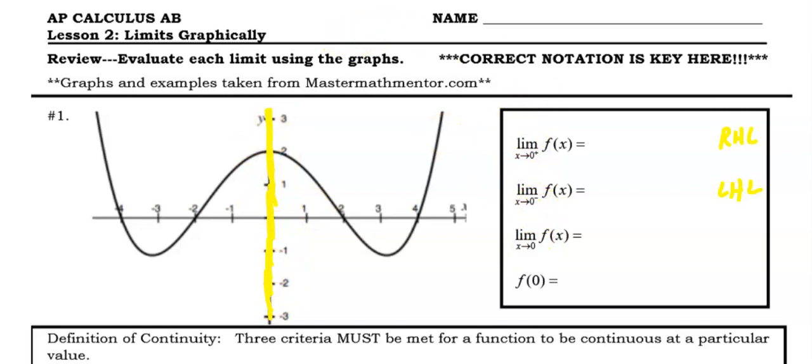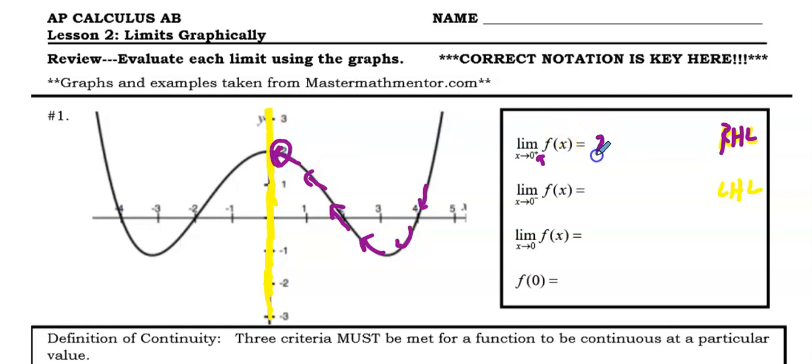What we want to do first is go to the right. So again, I'm going to write this in purple: right hand limit. This little sign symbolizes that this is the right hand side. We're traveling along the graph from the right, so we're on the right side of our line x equals 0, and then we hit the line right here at y equals 2.